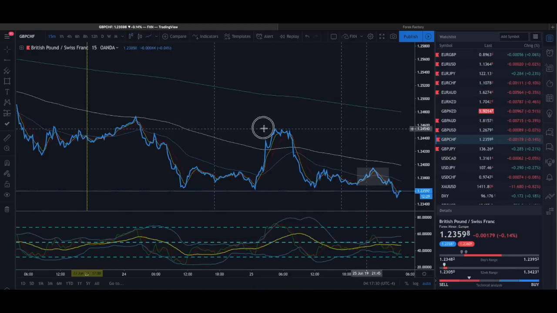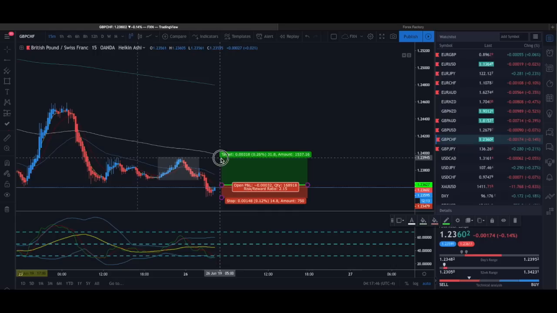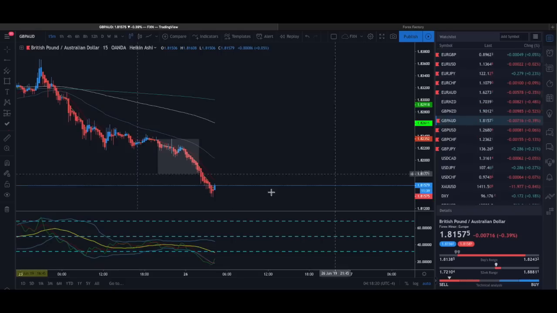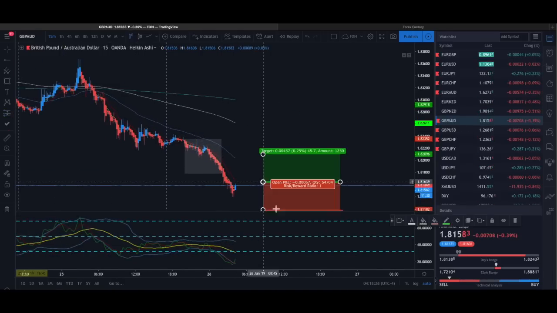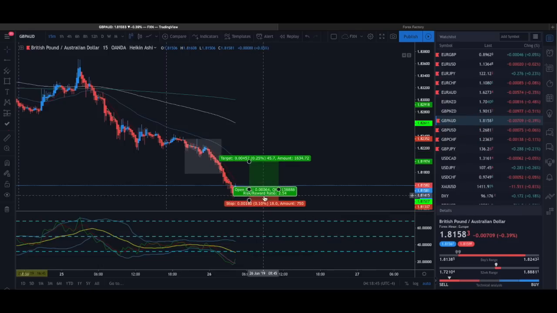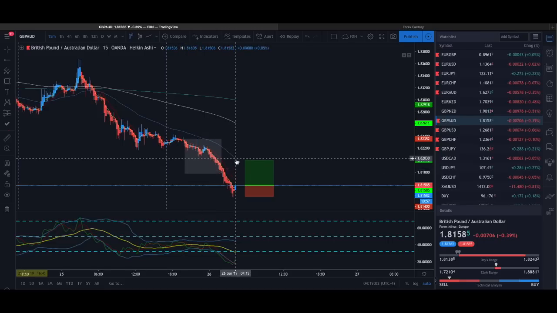So let's say if I have the EMAs in my favor, could I use the EMAs as my take profit points, and how far away are the EMAs from the take profit points? So different things like that I start thinking about as I'm placing these on the charts. And sometimes I place them really early just so I can start to see the shape of what the trade could look like.